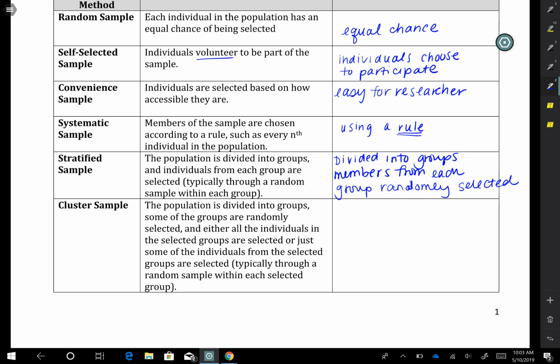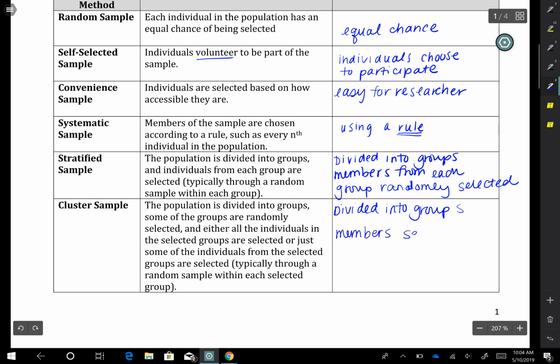In a cluster sample, you are going to divide into groups, but you are only going to select from one group or two groups, not from all groups. So let's say members selected from one, two groups, not all.